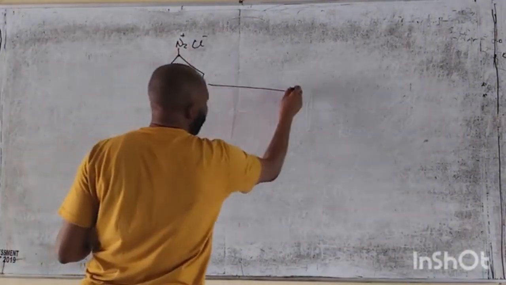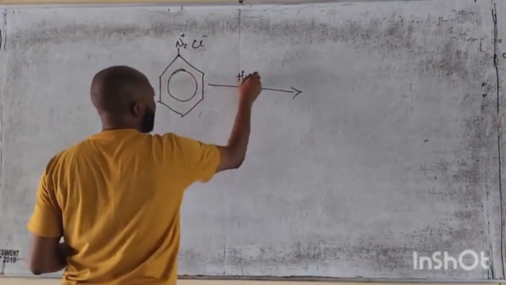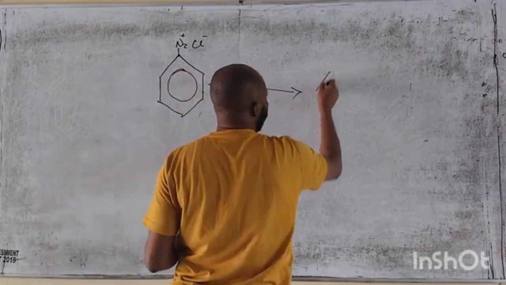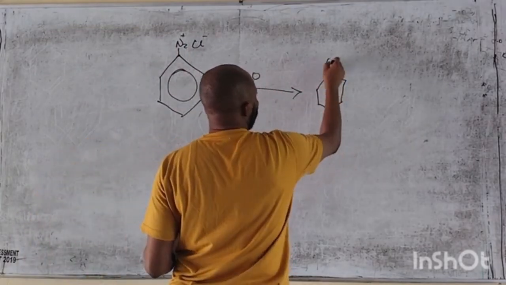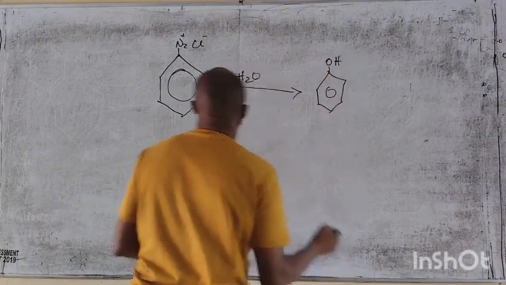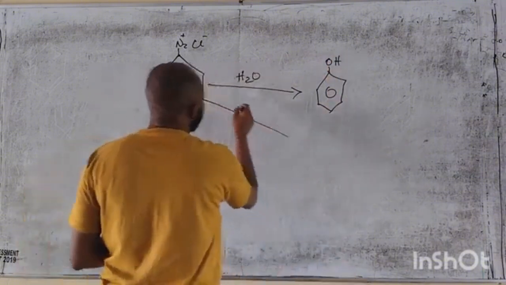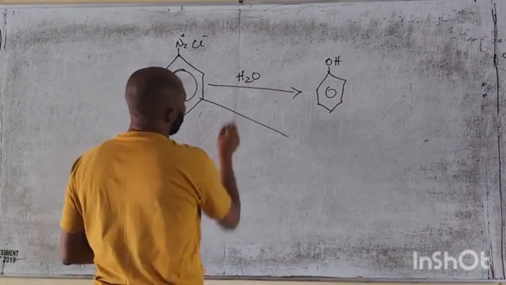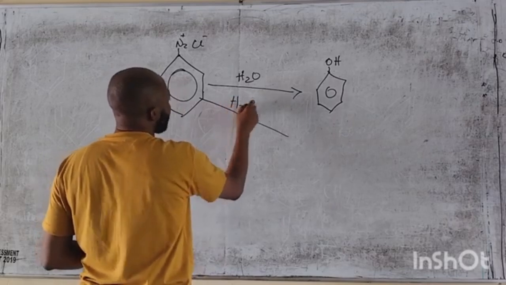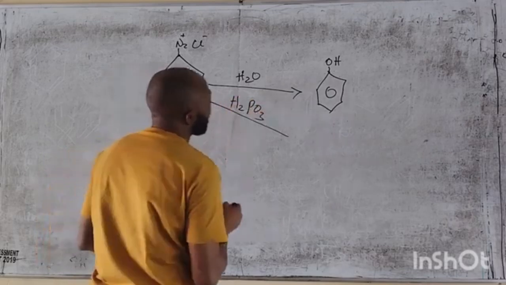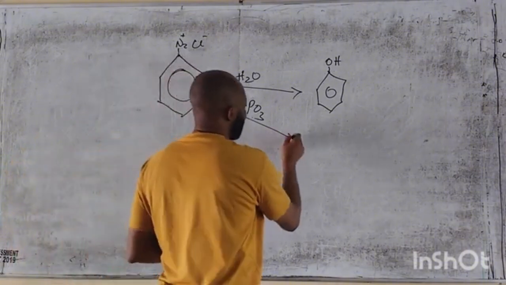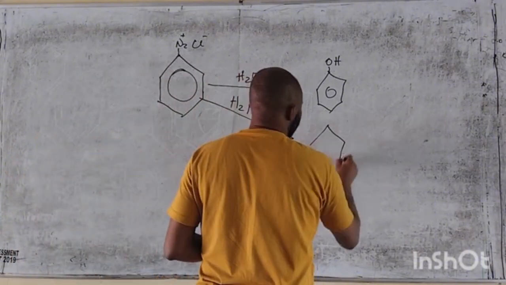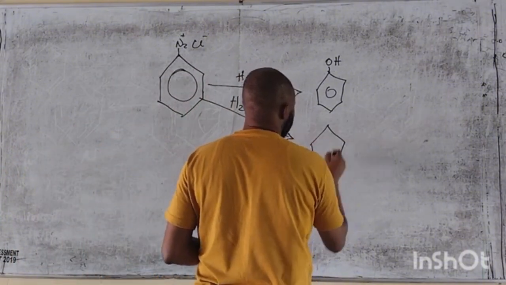Here, if I react this with water, I will have phenol, OH. If I react this with H3PO2, that is hypophosphorous acid, I can form another benzene.